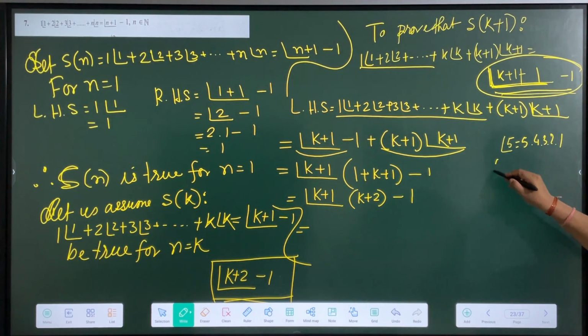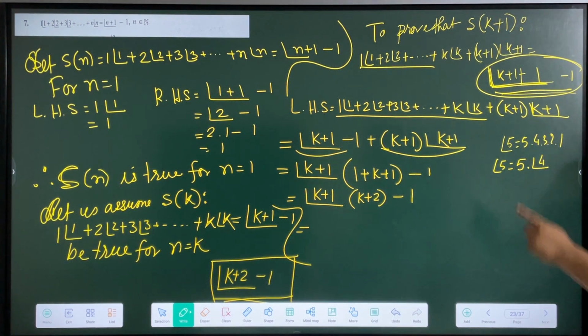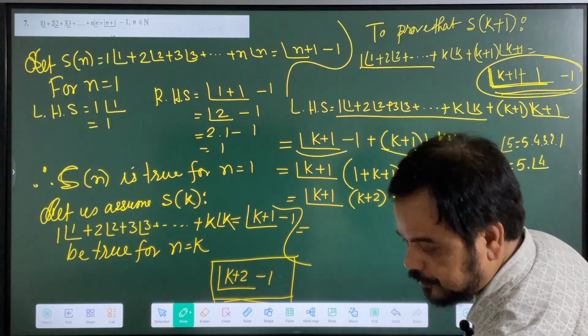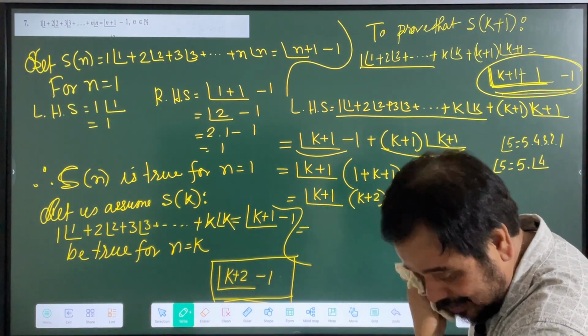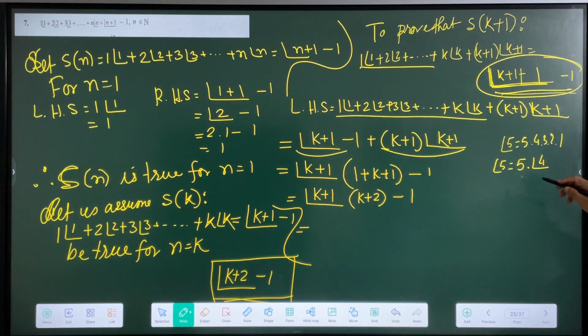Or we can write factorial 5 is equal to 5 into factorial 4. I hope you understand this one. Already I explained in previous video. 5 into factorial 4 means factorial 5.